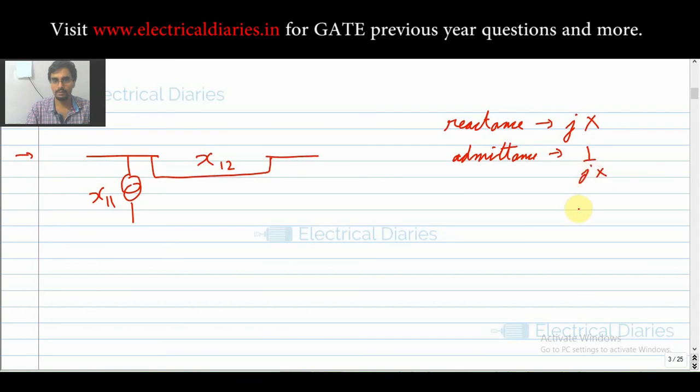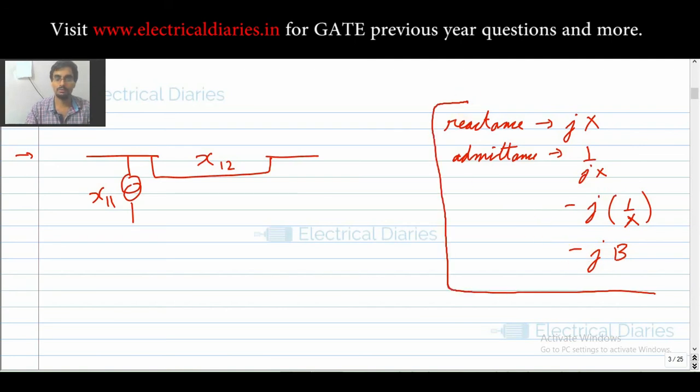So 1 upon Jx is minus J 1 by x, and I hope you know that 1 by x is also known as susceptance, that is minus JB. So your transmission line has a reactance, your load is given as a reactance. When you convert your reactance, that is your Jx, into admittance, you get something minus JB. So always remember this discussion, don't ever confuse in this.